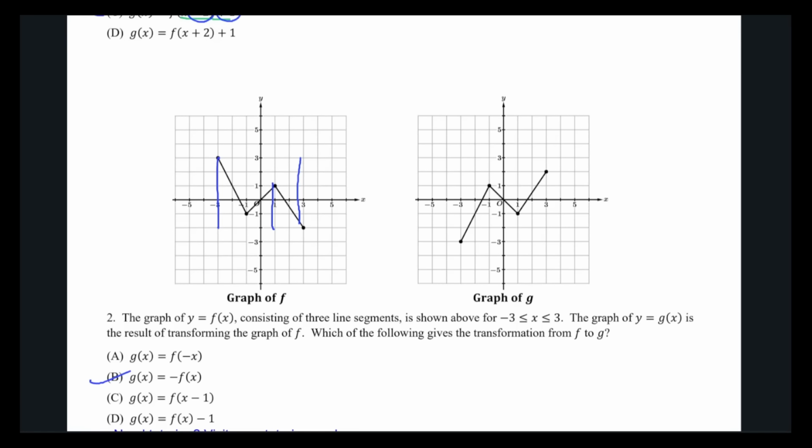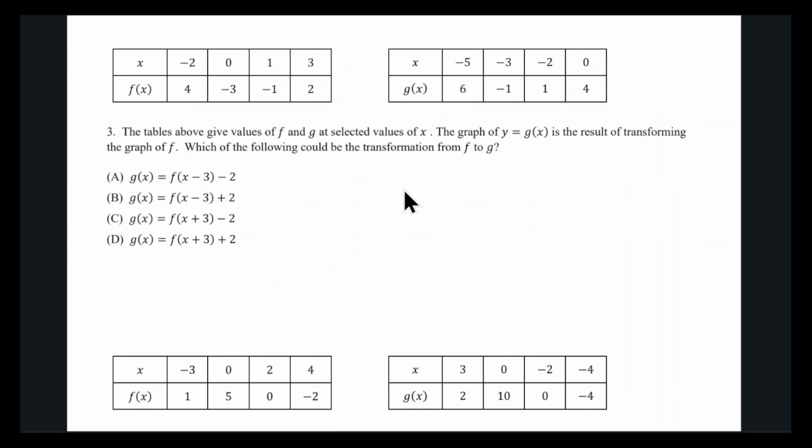It's not the reflection about y-axis, and I don't really see any translation vertical or horizontal because this -3 stays at -3, and this y coordinate just becomes +3, or +3 just becomes -3. So same y coordinate, just change of sign.